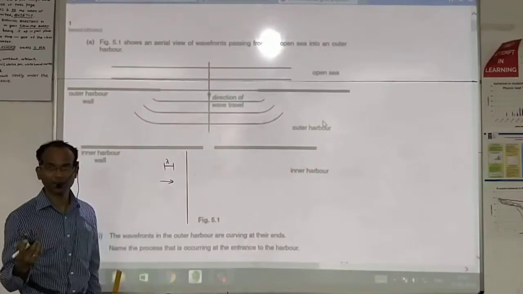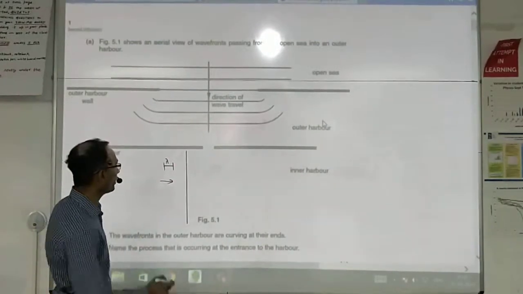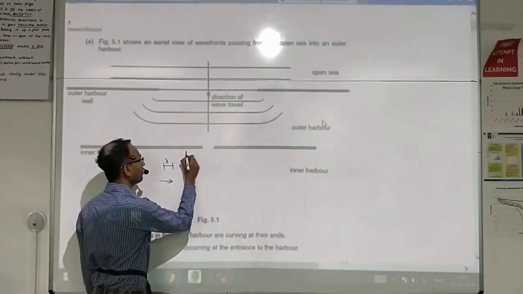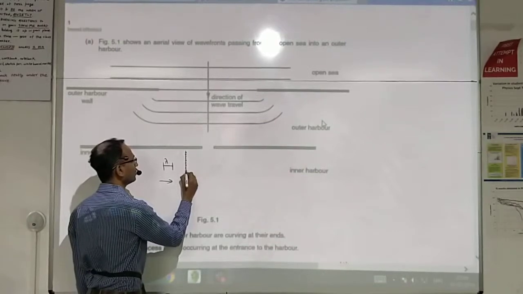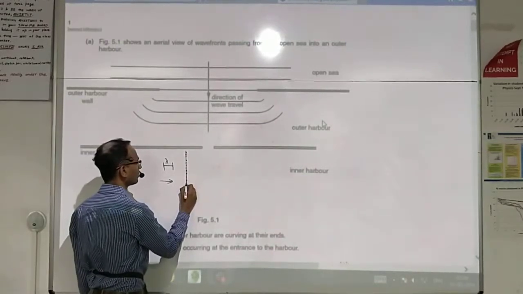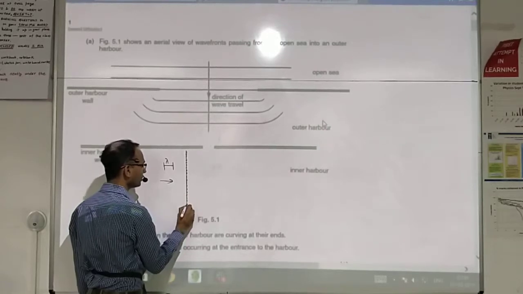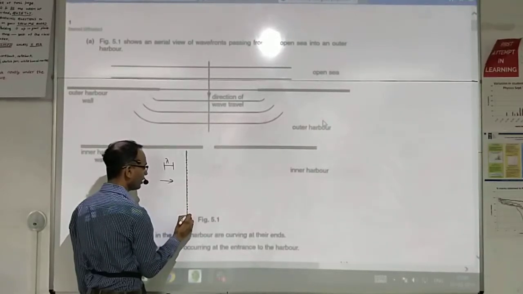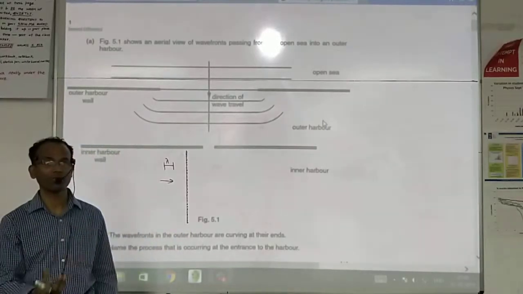If you want to explain that, the answer is every point in this wavefront behaves like a source of new circular wavefronts. Let me explain. You can imagine every wavefront is made up of millions of points, and each of these points is a source of new circular wavefronts.